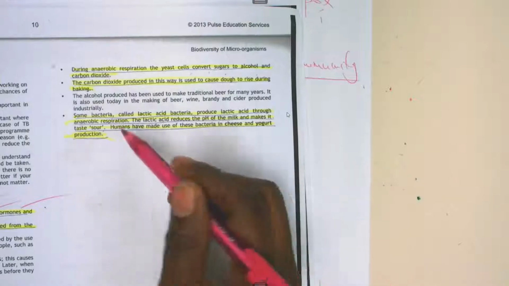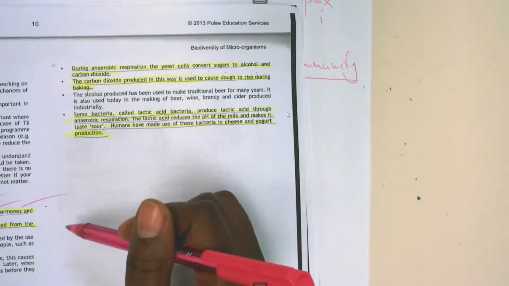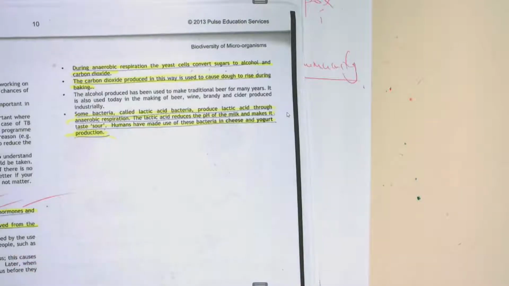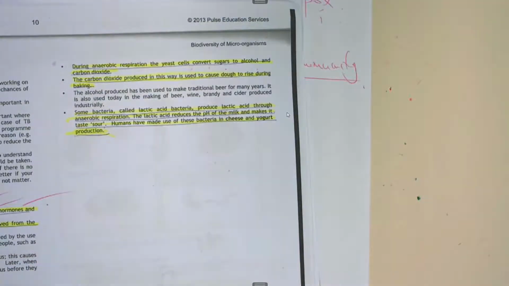And then after that, this is how this thing of the traditional technology works. So with this one, it is the production of what? Of bread using the yeast cells.